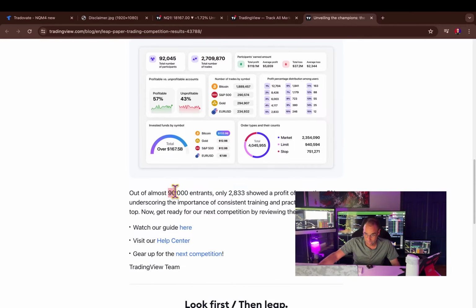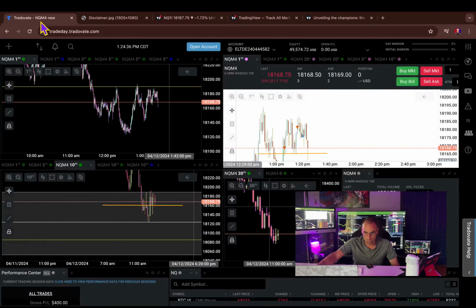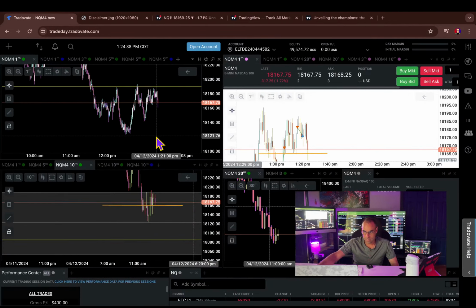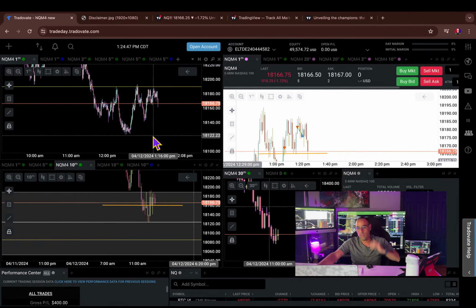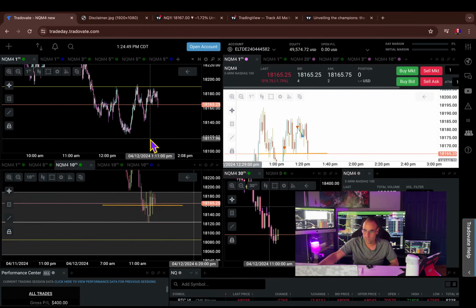I would suspect that out of these 90,000 people, maybe more than this, maybe less, only around this number had rules and kept the rules. Okay? The rules is what makes the difference. And those rules could be totally different for you and another person. You have to know what rules are good for you. You're the only one that can know that.